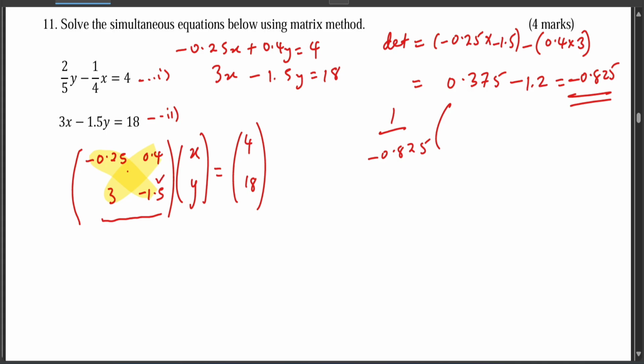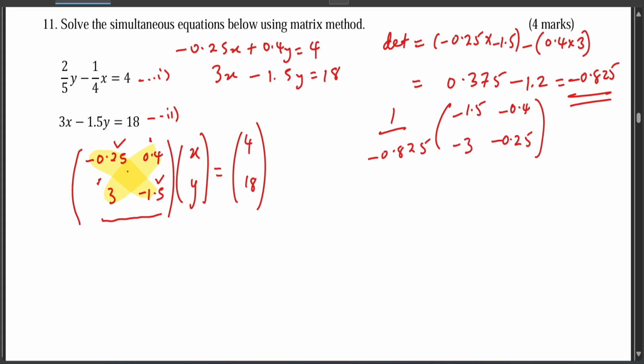So basically this negative 1.5 you will put in place of negative 0.25, negative 0.25 will come in place of negative 1.5, and for this and this you just change the sign. So negative 1.5 comes here, negative 0.25 comes here, and the sign of 0.4 will be negative 0.4 and the other one will be negative 3.